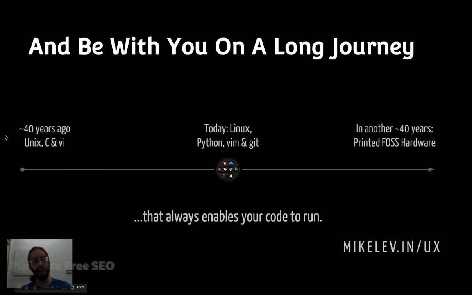The stuff that today's versions have evolved from is 40 years old. And you know what? It's going to be around in another 40 years because it's the underlying plumbing of tech. It's the stuff that always enables your code to run.